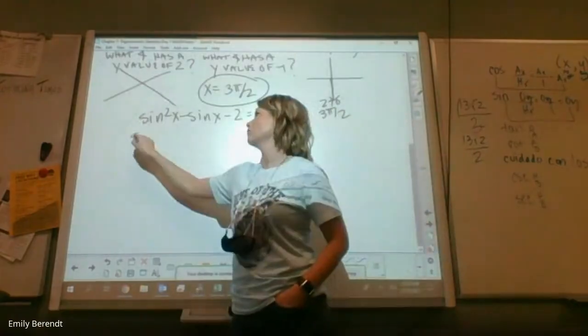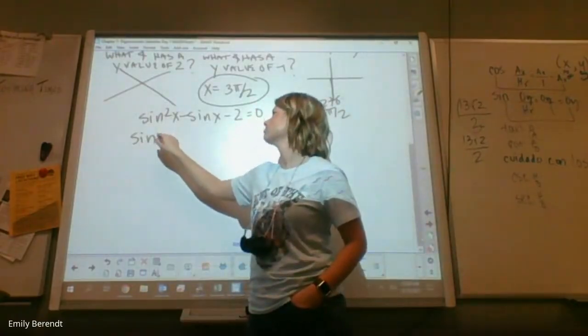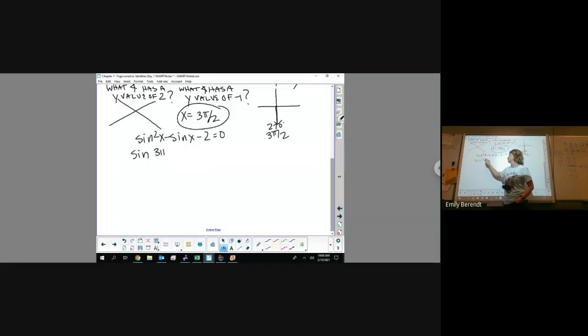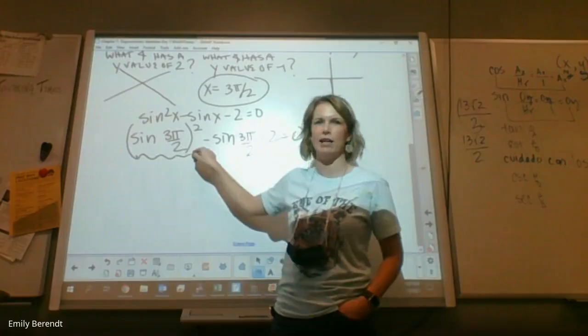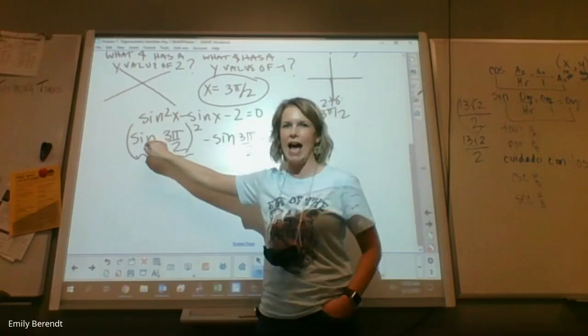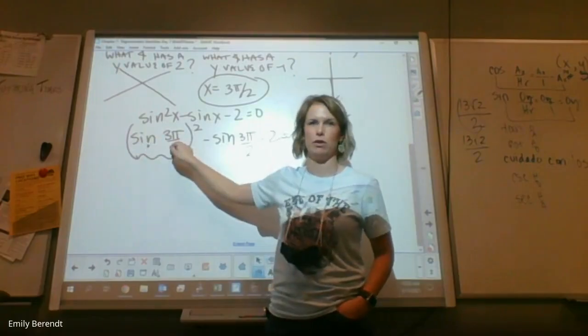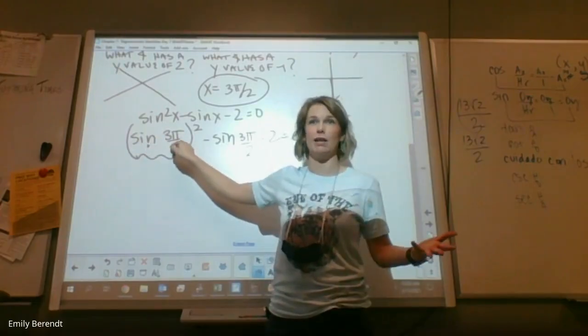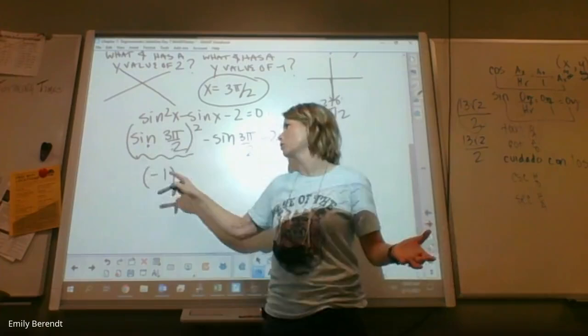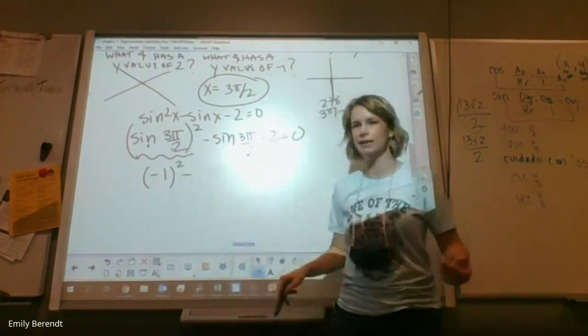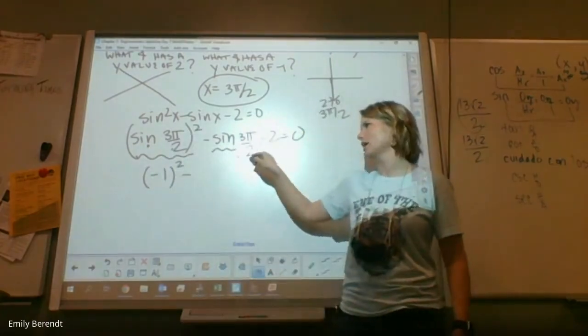So it's saying if you took the sine of 3 pi over 2 and square that value minus the sine of 3 pi over 2 minus 2, we're supposed to get 0. Well, here's your function Friday. What is the y value at 3 pi over 2? -1, right? And then it says you're supposed to square it minus what is the y value at 3 pi over 2?